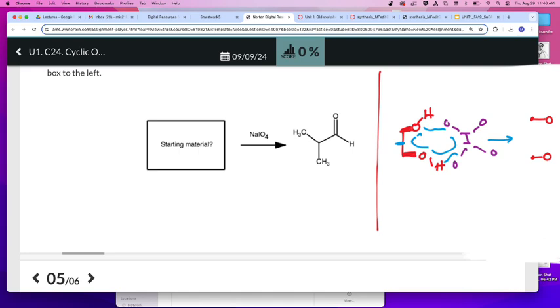Add more oxygens, okay? Sort of. It means add more oxygen bonds. That's it. That could mean more oxygens. Typically, it just means more bonds. Right now, I only have one bond between the carbon and the oxygen. So if I want to oxidize, what do I need? Add another bond. 2 bonds. That is cyclic oxidative cleavage. That's it.